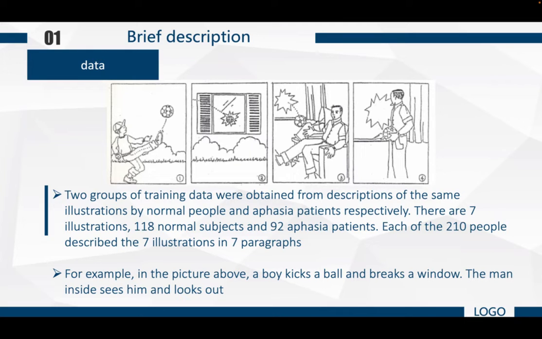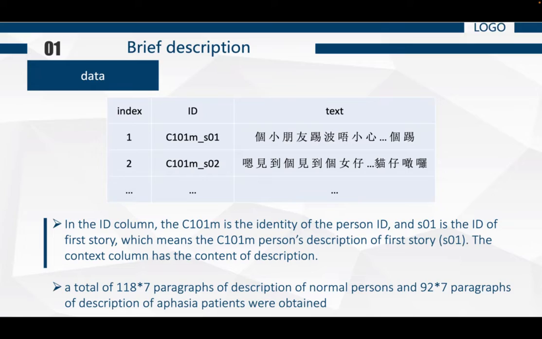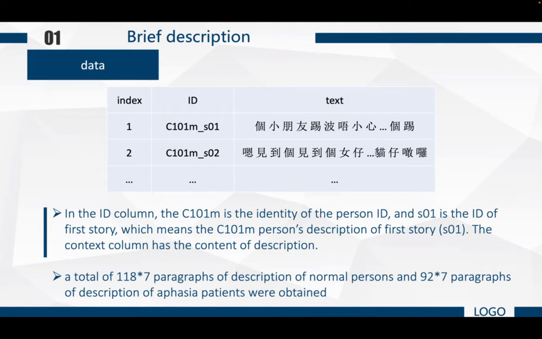For example, in the picture above, a boy kicks a ball and breaks a window. The man inside sees him and looks out. For the text data in the ID column, C101M is the identity of the person ID, and S01 is the ID of the first story, which means the C101M person's description of the first story.